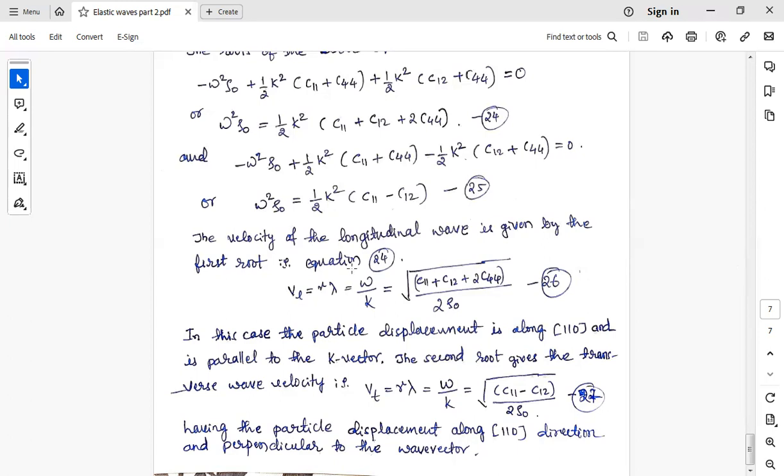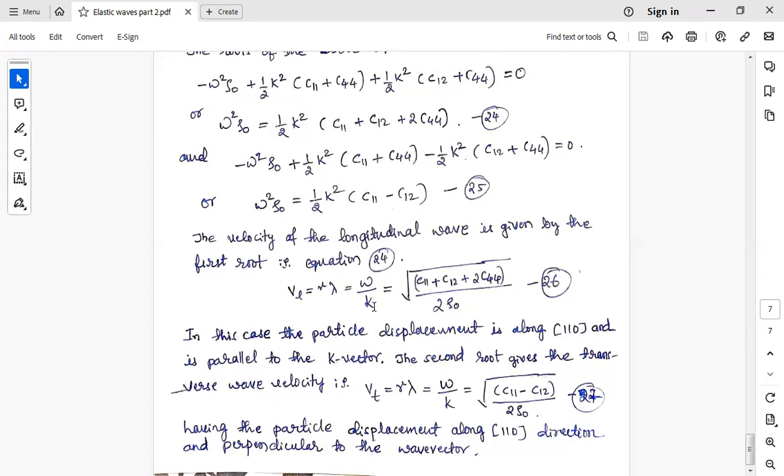The velocity of the longitudinal wave is given by the first root, that is equation 24. As usual, velocity is equal to nu lambda. So from equation 24, omega square by k square is equal to this divided by 2 rho naught.